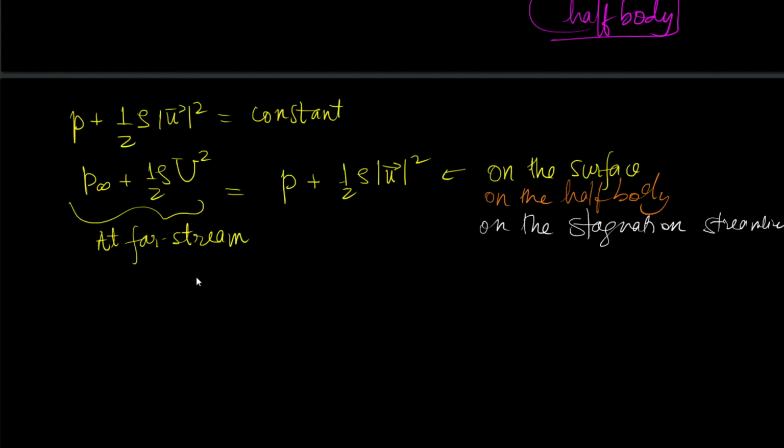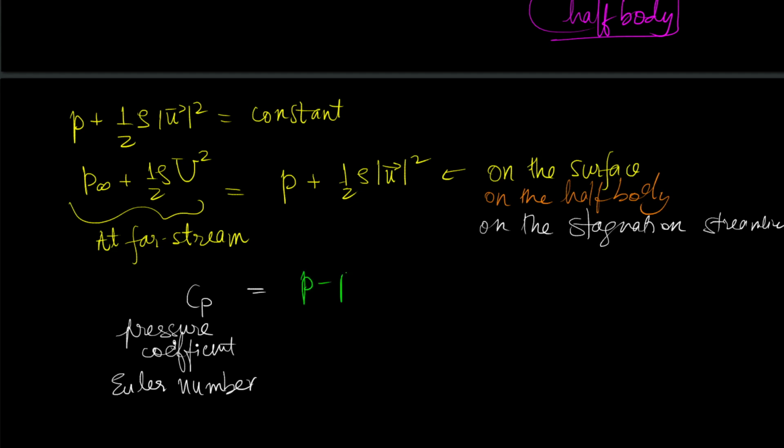Okay, so we can define the pressure coefficient. It is also called the Euler number because Euler did a lot of analysis of such kinds of ideal flows which are devoid of viscosity. It is defined as P minus P infinity upon half rho capital U square.